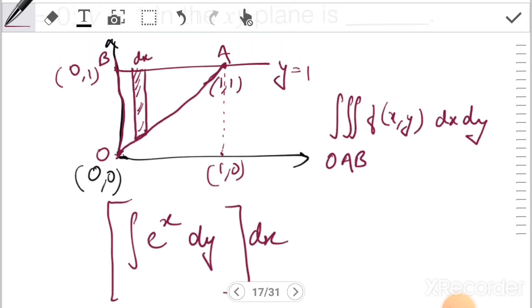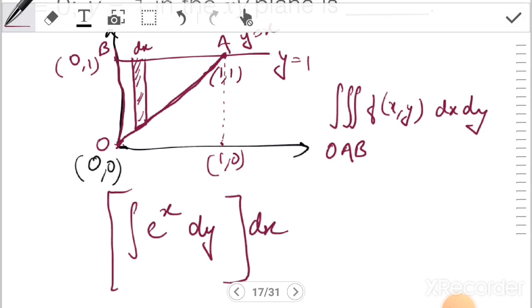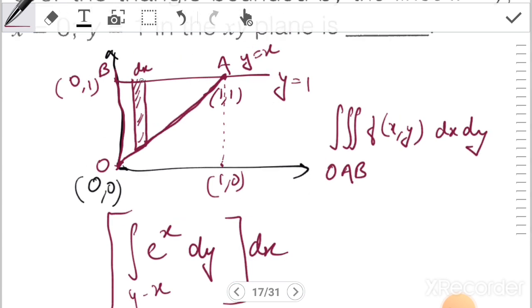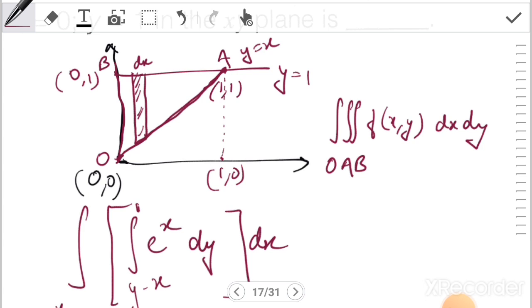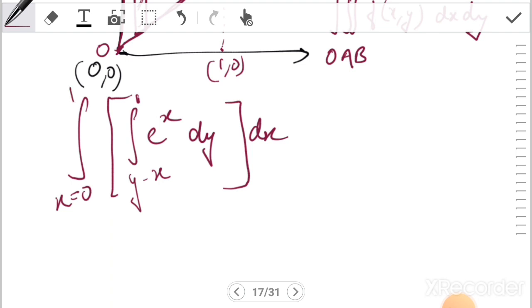Now let us set the bounds. So the lower limit is, y is varying as x, so this line is y is equal to x, right? So y is equal to x and it goes up to y is equal to 1, a constant, and again x is constant, so the strip is varied from OB to A, so x is equal to 0 to 1.